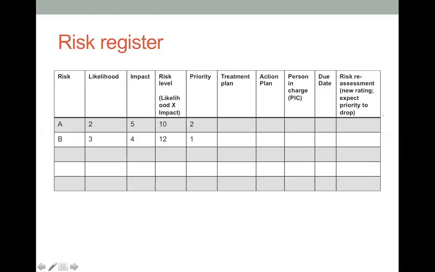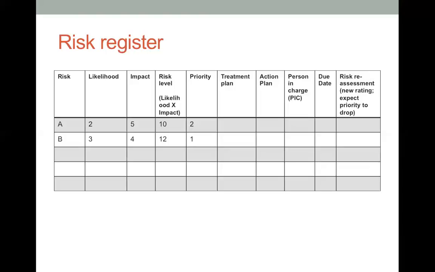Now, what do we mean by risk assessment? Along the way, if you recall our risk management process framework, we have what we call as monitor. Along the way of this treatment plan being implemented, we need to keep monitoring it, because it may develop to something else, or we also need to reassess it. Now, what about the likelihood? What about the impact? Have we cushioned the impact?